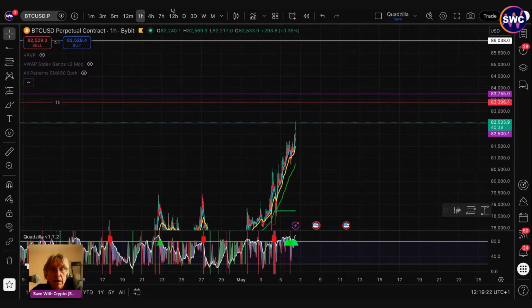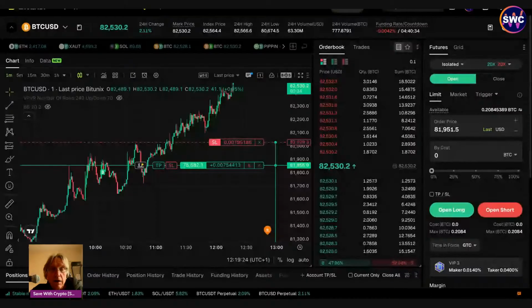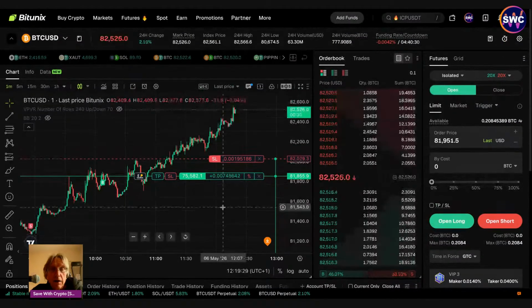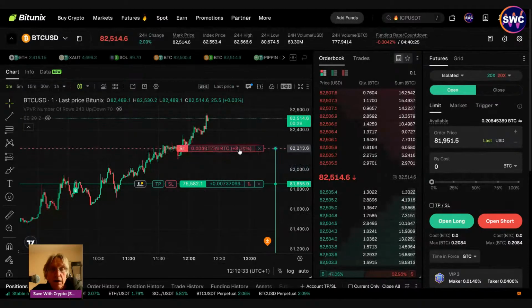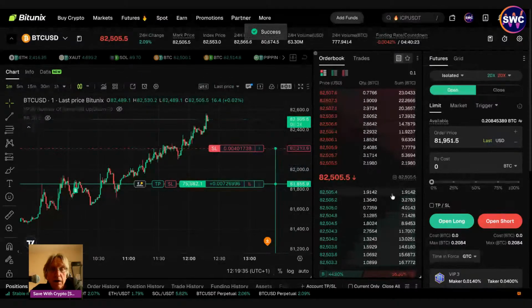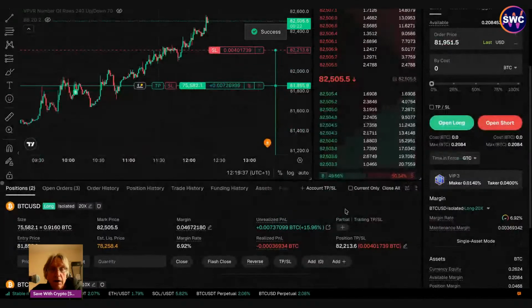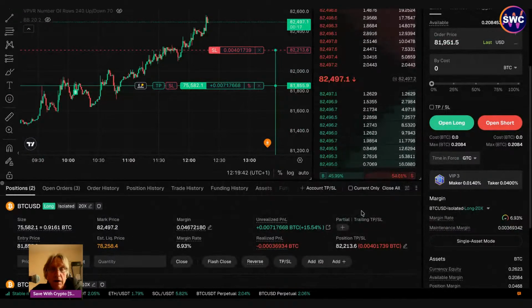Let me just have a look at my trade. So I'm going to move my stop loss up a bit, because I'm not quite trusting it at the moment. That's nicely in profit though, isn't it? 15% there. Okay.